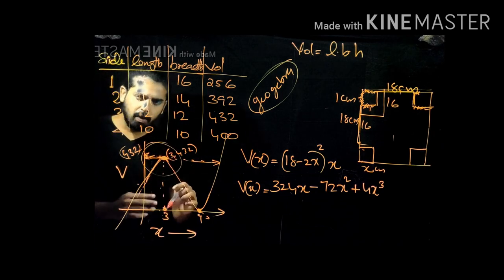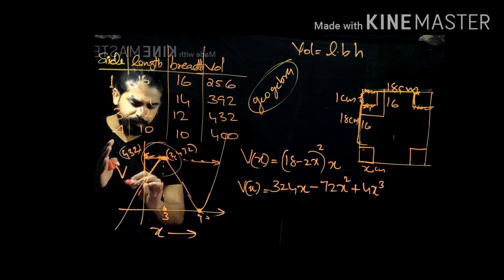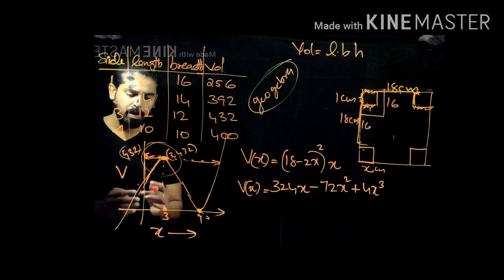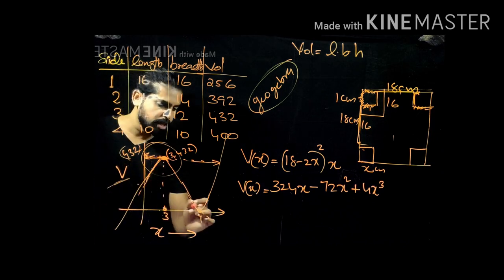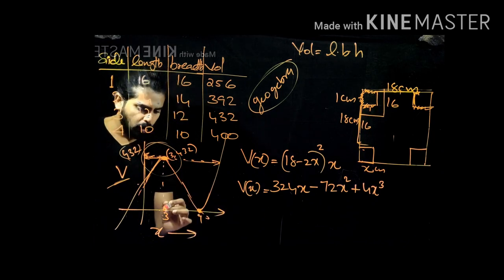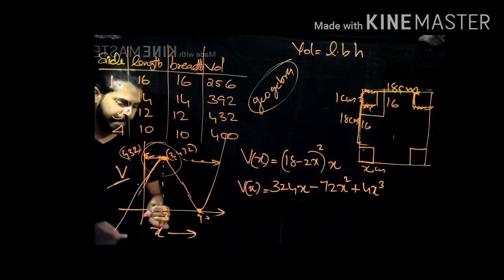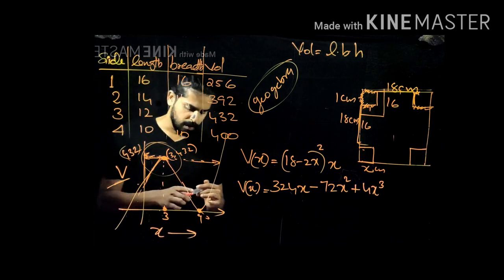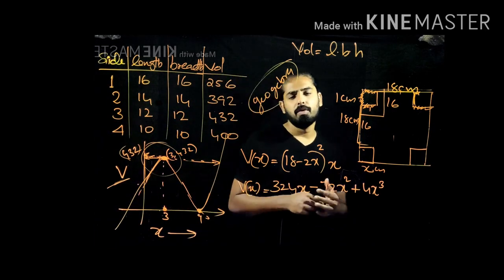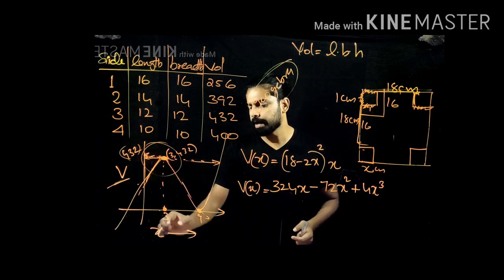The value of the function goes above 432 after this 9, but locally this is the maximum. 3 gives us the maximum volume, 432.